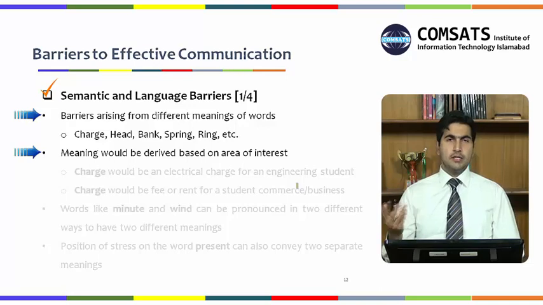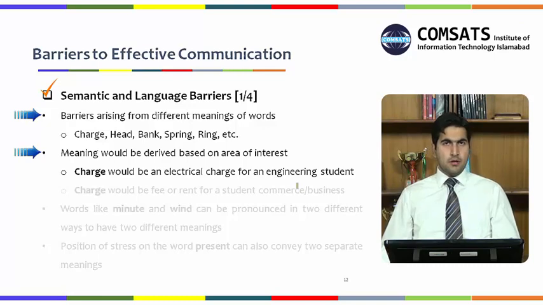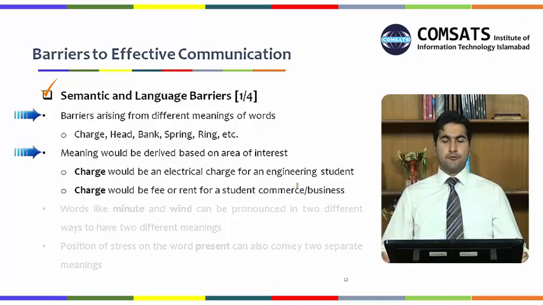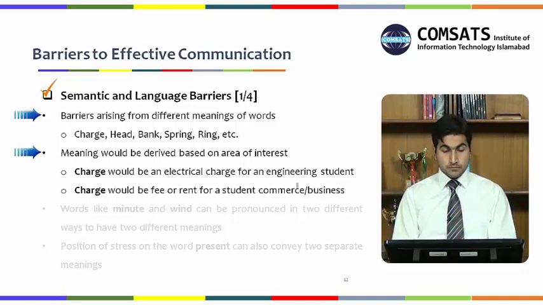If they just hear the word without looking into the context, what would come to the mind of an engineering student? They would take it as an electric charge. This would simply arise in their mind as an electric charge, whereas for a student of commerce or business it would be related to charges in the form of fee or rent, and other categories can have a separate meaning as well.